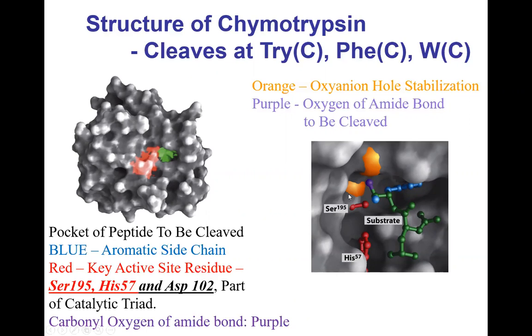We are seeing here a close-up view of the active site, which has the substrate analog bound to it. Part of that you can see in green here. The red part here is some of those key active site residues, the ones that are obviously seen here: serine 195 and histidine 57.